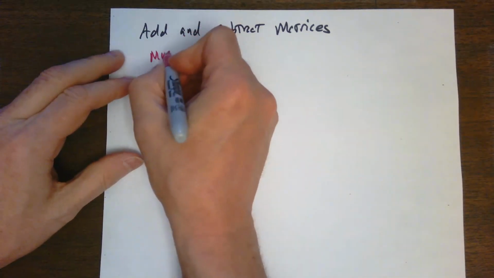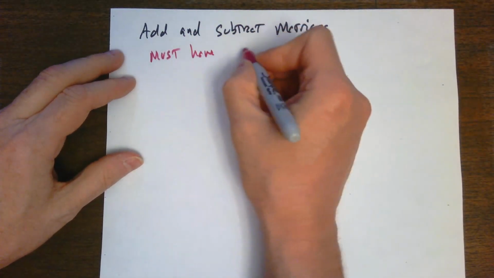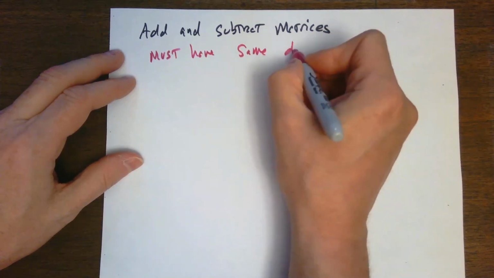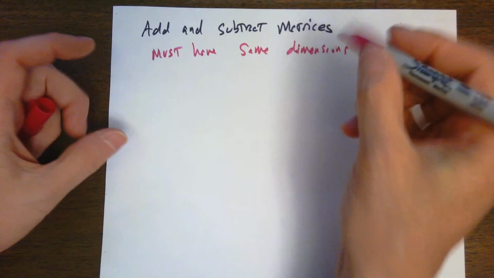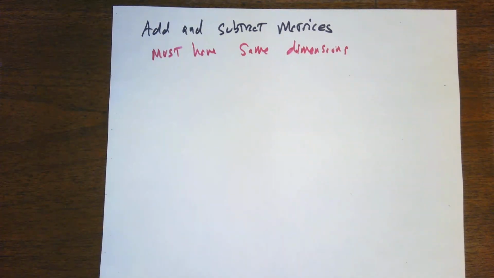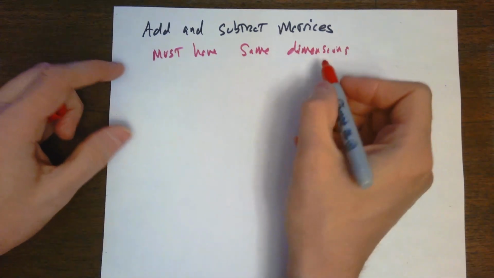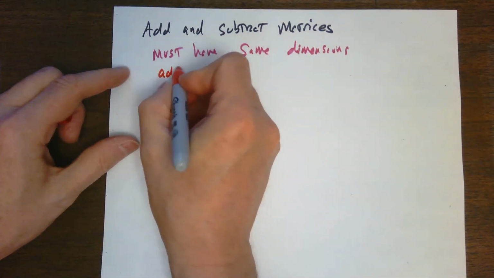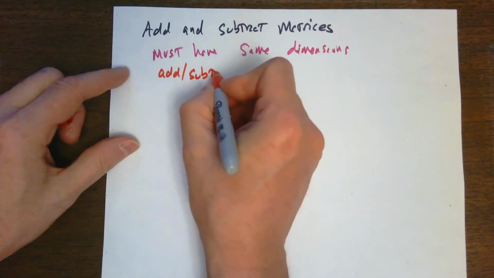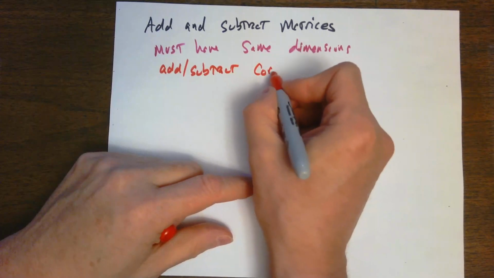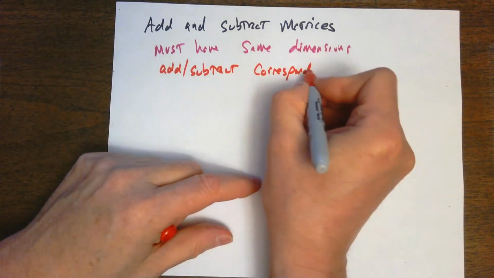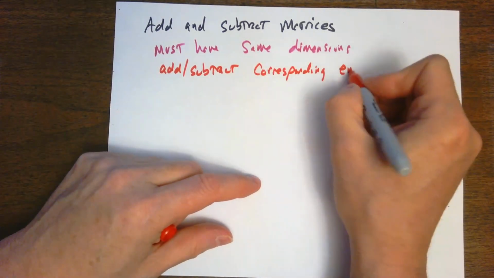They must have the same dimensions. They must have the exact same dimensions. If they don't have the same dimensions, then you can't add them or subtract them. And if they have the same dimensions, then we're just going to either add or subtract, depending on whatever it is we're trying to do, corresponding entries.